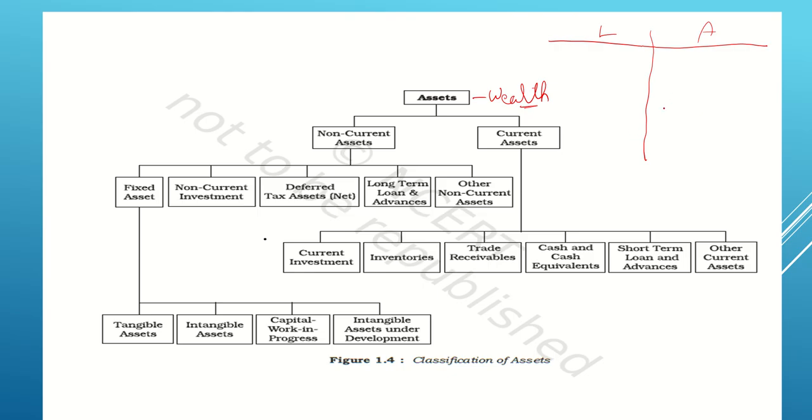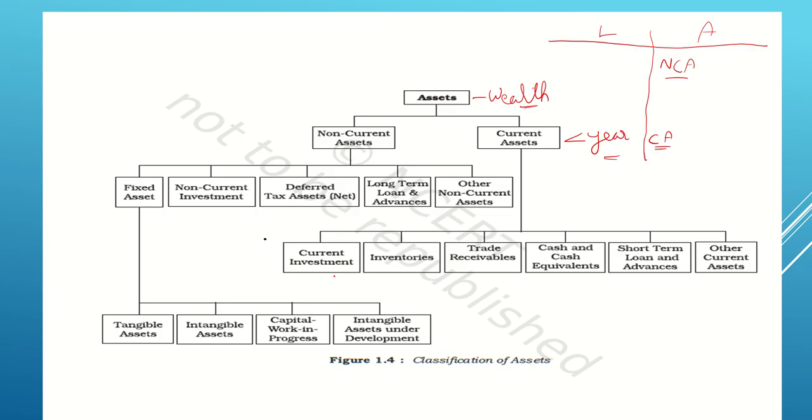Okay, so the asset side will have non-current assets or the long-term assets and current assets, which are the short-term assets. Okay, so first we'll see what is current asset. Any assets which realize within a year, less than a year. Okay, the benefit of that asset will be within a year. So such assets will form part of current assets.